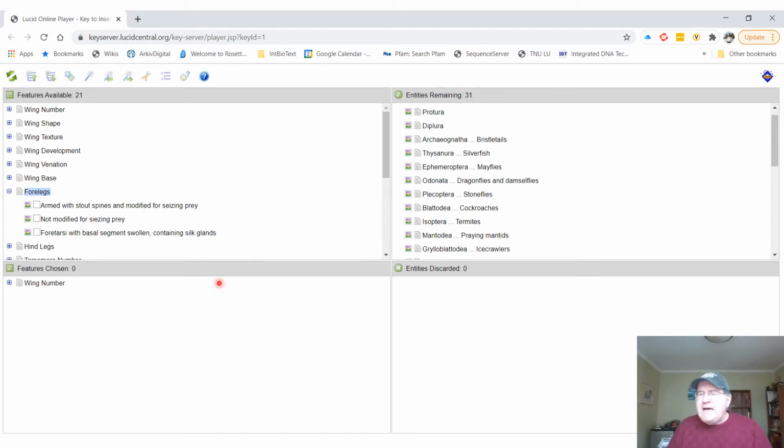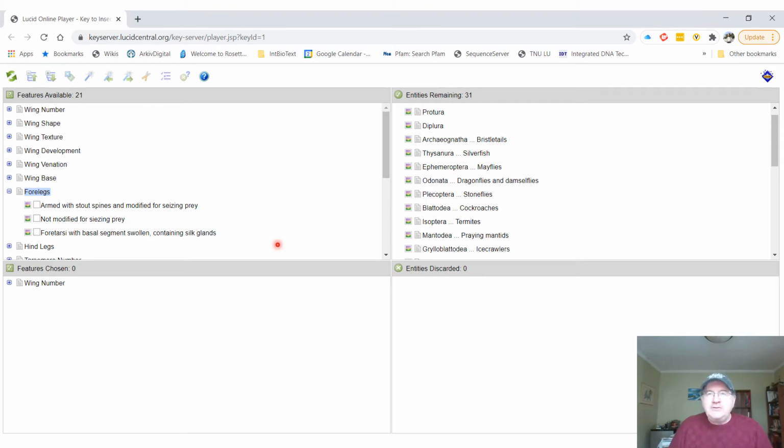As a critic, I might say that I would prefer that this description of the 4 legs have mutually exclusive options. Obviously, theoretically, you could have the 4 legs armed with stout spines and modified for seizing prey, and 4 tarsi with basal segment swollen.